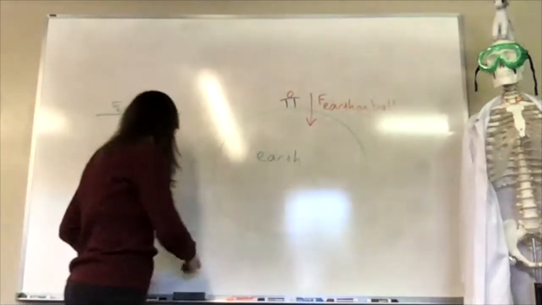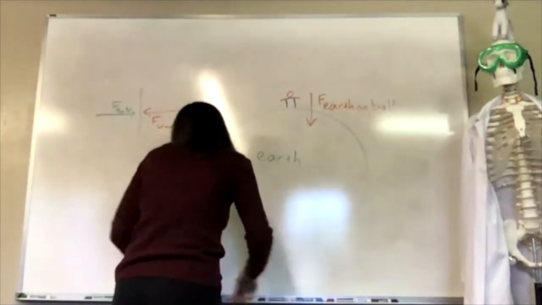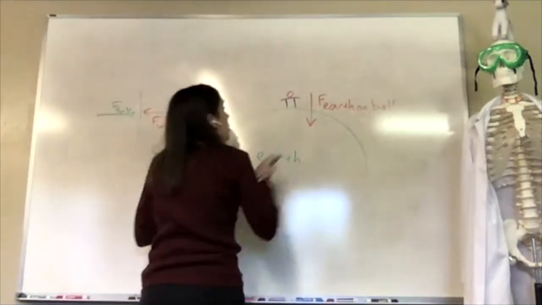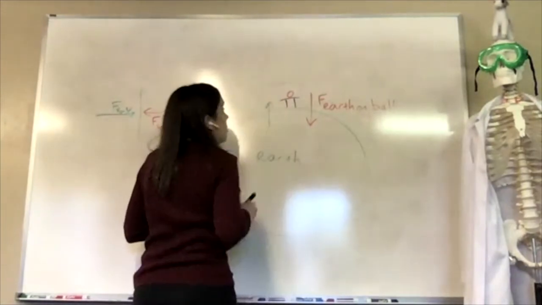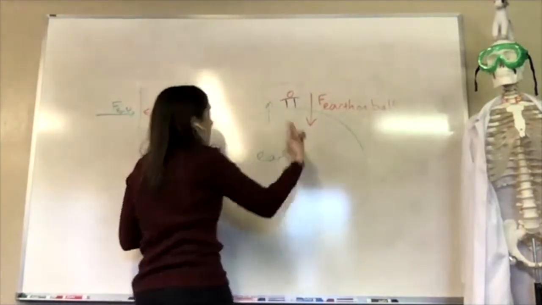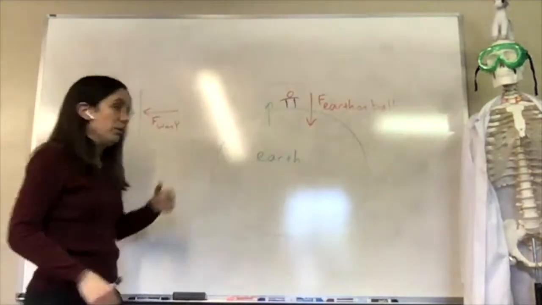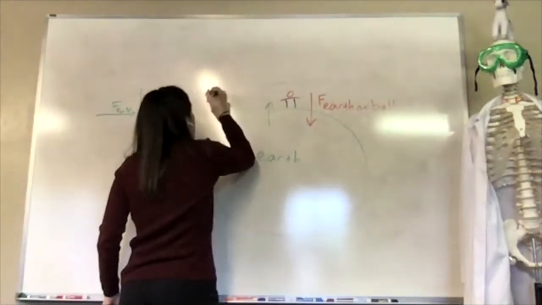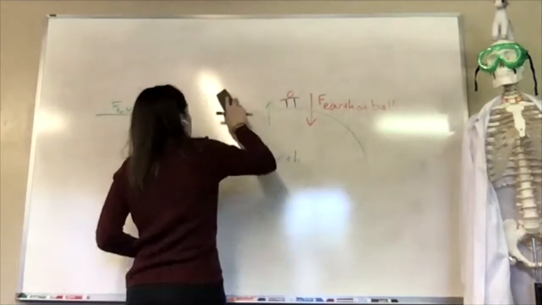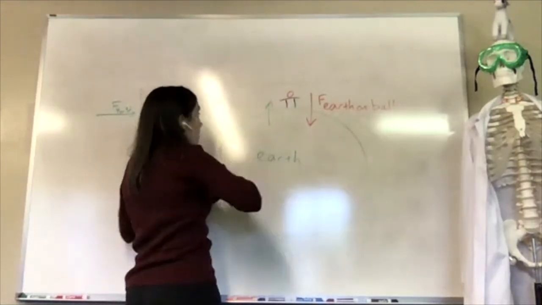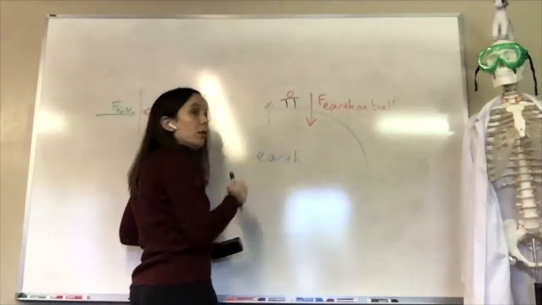And so our opposing force, we would say, would be the upward force, like this. And what is that? That's the force of the ball on the earth. Which kind of sounds strange to say, but the ball actually attracts the earth as well.